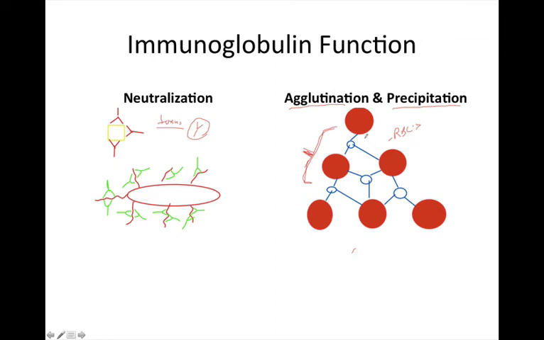These antibodies are protein molecules, so when you get these proteins sticking to these pathogens, that's going to weigh them down and make it easier for phagocytes to come around and eat them up, consume the unwanted material. So that's how they can enhance phagocytosis as well.